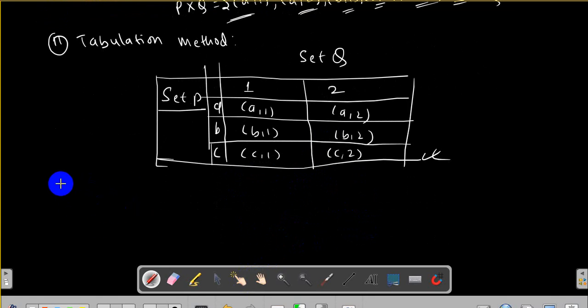Now, there is also the set builder form. This set builder form we have already discussed when we discussed the definition.